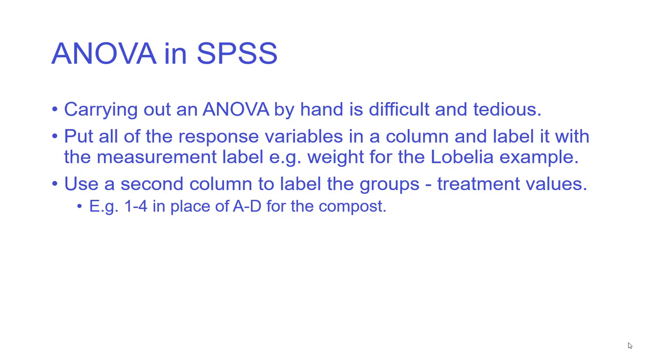In this case, your compost names A to D, but in SPSS you need to replace them with numbers, so it becomes 1 to 4. The reason you need to do that is because SPSS now doesn't allow you to have character names for your different grouping variables in ANOVA. It's because it wants to do a plot of them.